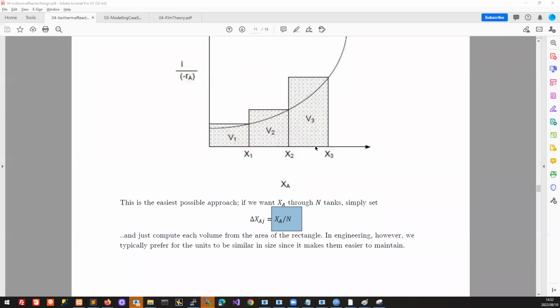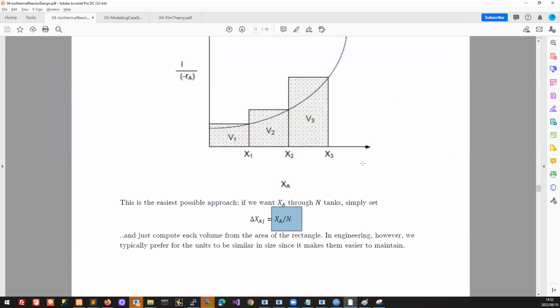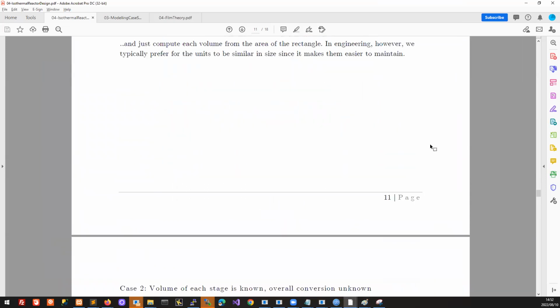So if we've chosen that, then it's a simple matter of just evaluating the volume in each case. That's kind of straightforward. That's what we've been talking about.